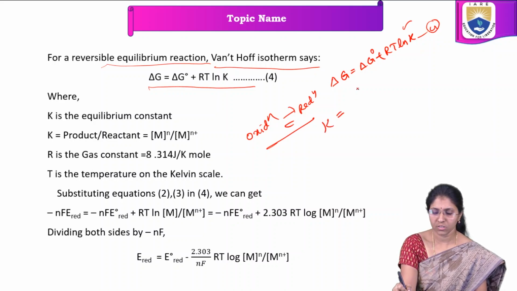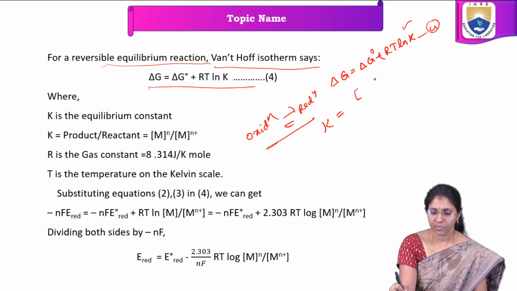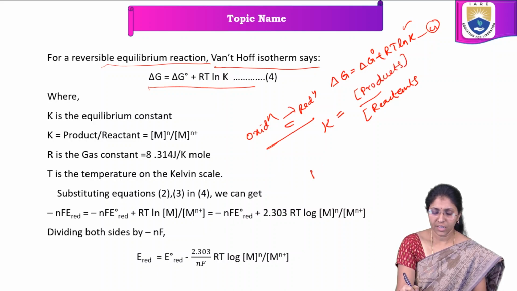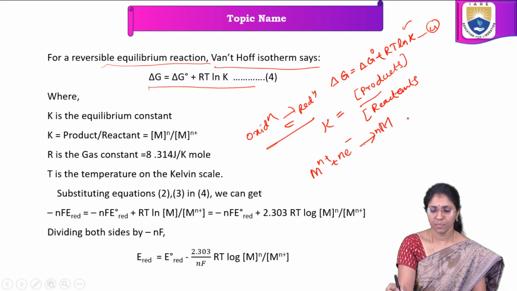What is the equilibrium constant? Concentration of products by concentration of reactants. So what are products and what are reactants? Here we have taken the reduction of metal ion M^n+ plus n electrons giving rise to n moles of metal.